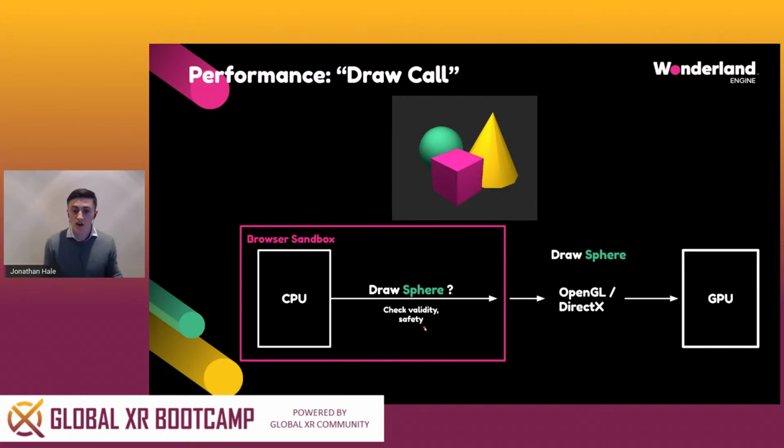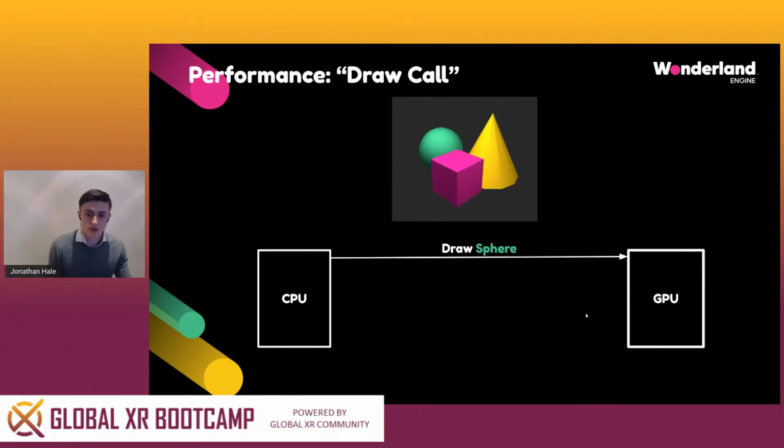We don't want to do any harm to the client that accesses the website. It will then need to pass the boundary of the browser sandbox to get converted into a native graphics library call, for example, OpenGL, DirectX, and so on. This draw call will be used by the graphics driver, and then the GPU will actually do whatever it's supposed to. So just keep that in mind.